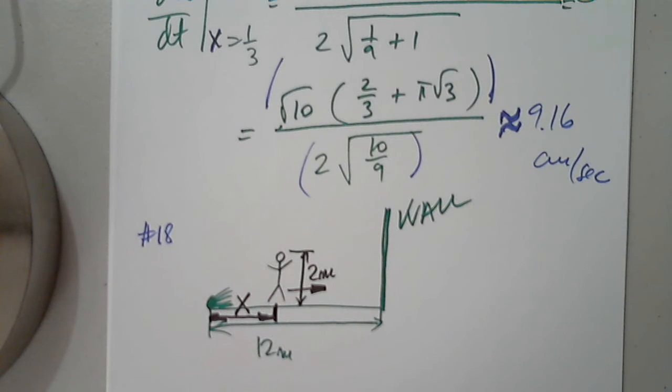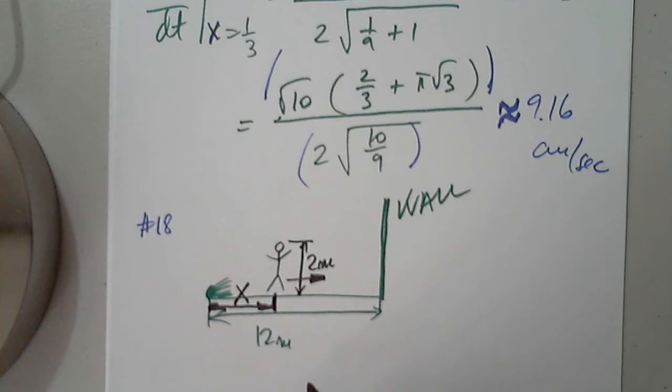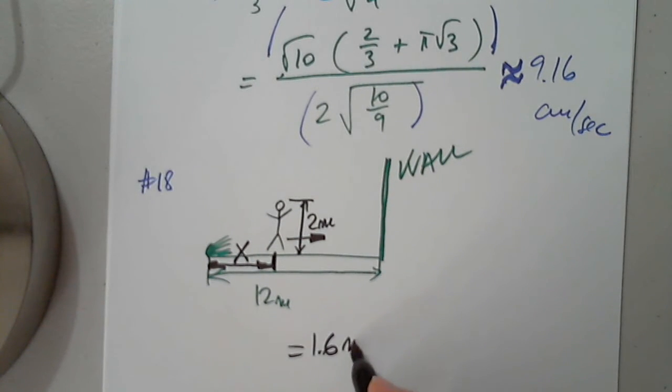So now let's continue. Let's read this one more time. If a man 2 meters tall walks from the spotlight towards the building at a speed of 1.6 meters per second. So something is 1.6 meters per second. What is it?